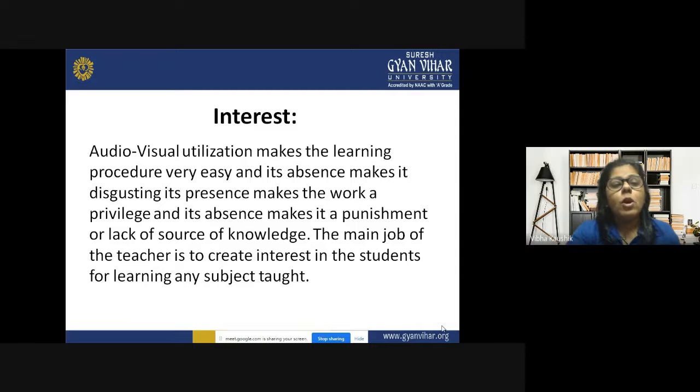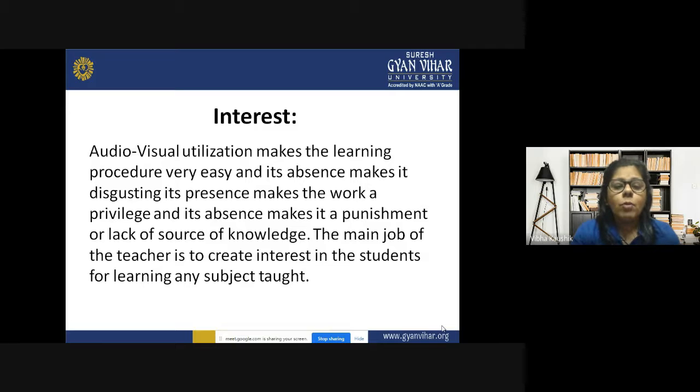Now, interest. Audiovisual utilization makes the learning procedure very easy, and its absence makes it disgusting. Its presence makes the work a privilege and its absence makes it a punishment or a lack of source of knowledge. So the use of audiovisual aids is very necessary when the teacher is teaching a particular concept.